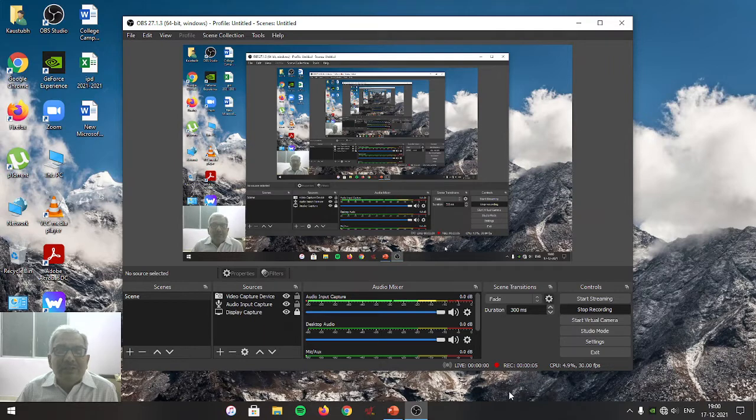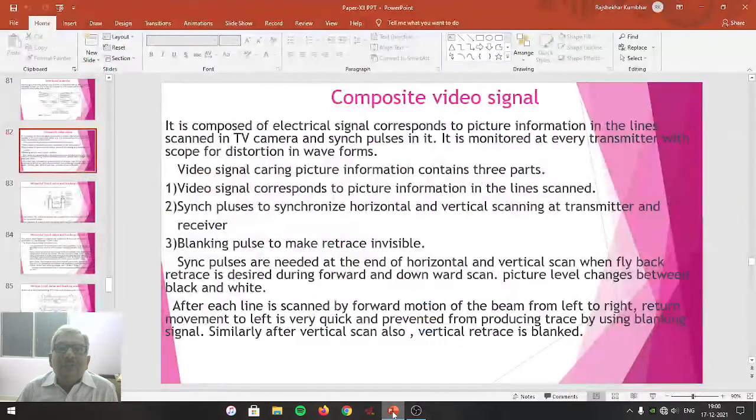In yesterday's lecture, we studied the process of scanning that is used to generate the picture raster on the television screen, to give the illusion of the scene or event snapped by means of a camera on the television screen, by using either rectilinear scanning or interlaced scanning.